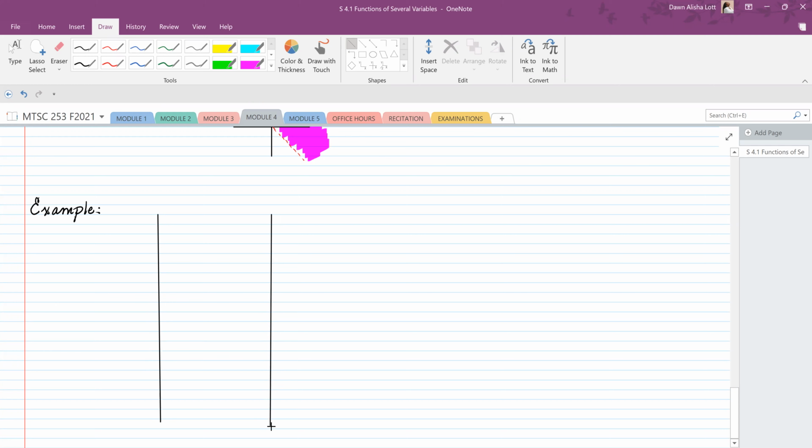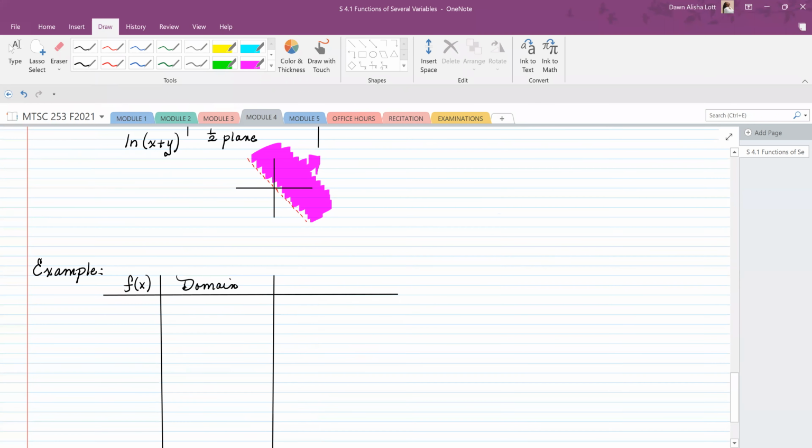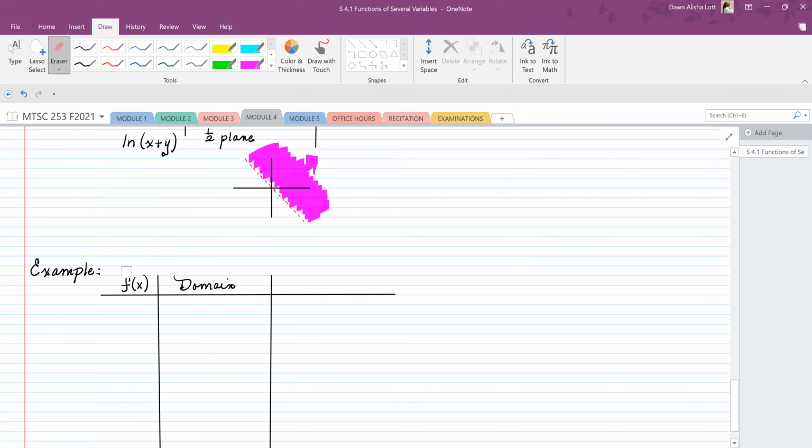And then its range. So here's the function. This is the domain. What did I write up there? I don't remember writing f of x. I wrote function. And this is the range.